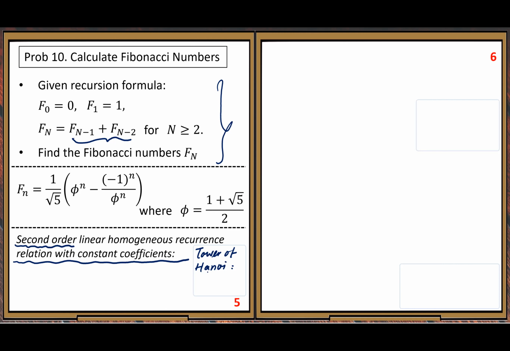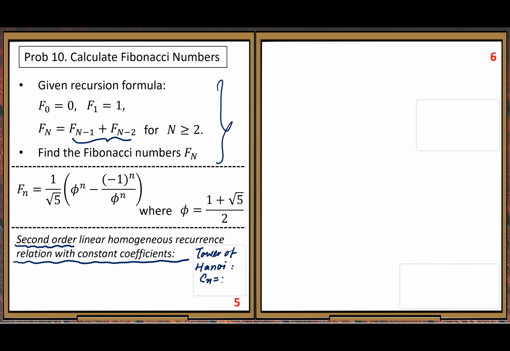In that one, we derived... Just a minute. Probably I skipped that. Later sometime I will bring it back. Because in that Tower of Hanoi, we have a simpler recurrence relation.